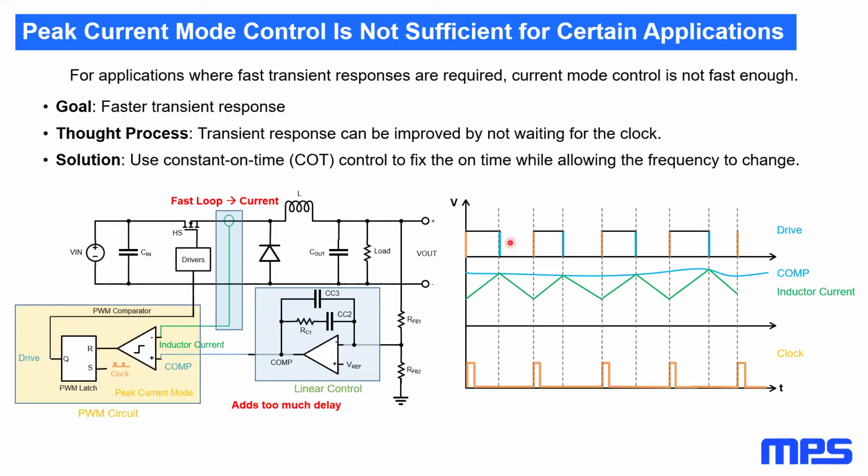This is going to limit how much energy we can deliver to the load instantaneously. Secondly, we have a delay in our control, and the main culprit that we can look at is what we already called the slow loop, the voltage loop. This delay is mainly due to the linear compensation that we have in this loop.